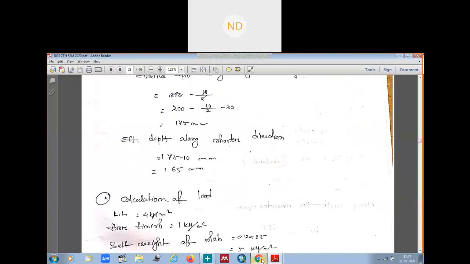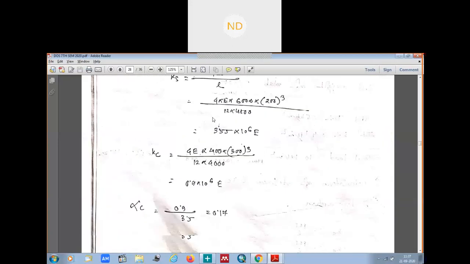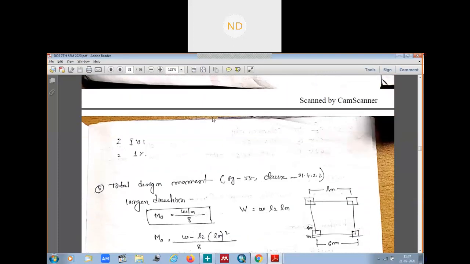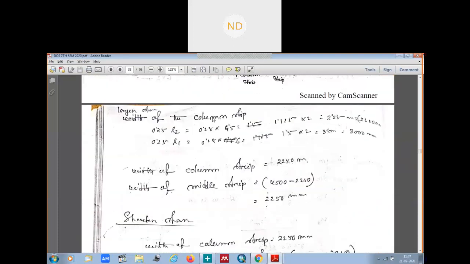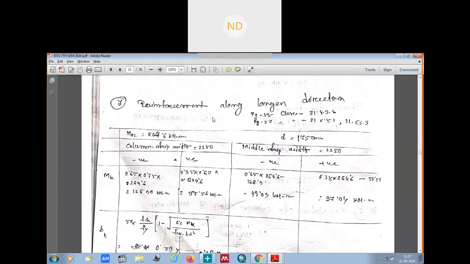Okay, so this is our effective depth along the longer span. So we will place it again here on our reinforcement table.